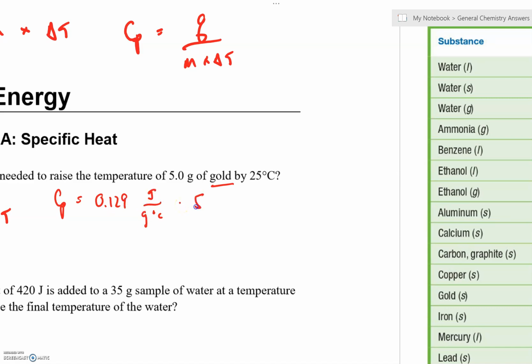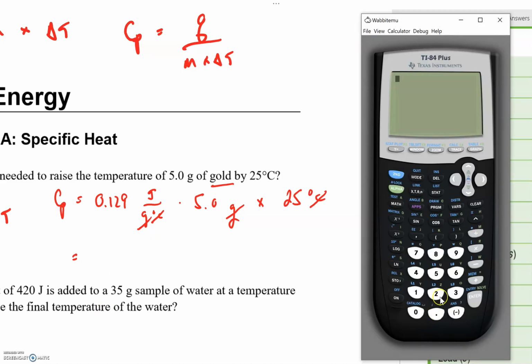Our mass is 5 grams, and we're raising the temperature by 25 degrees Celsius. So when you do this, degrees Celsius cancel and grams cancel, and it leaves your answer in joules.